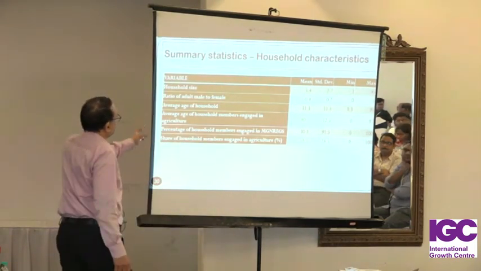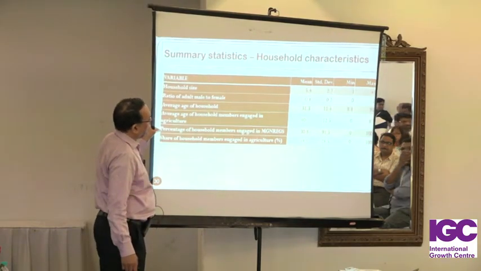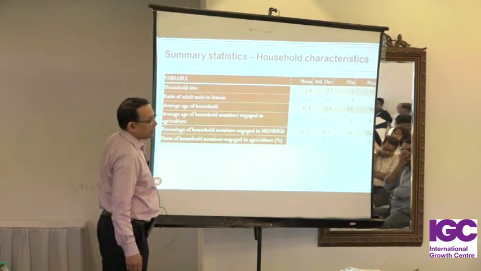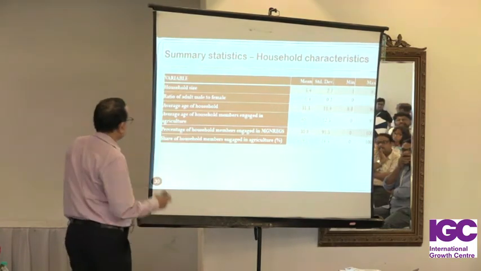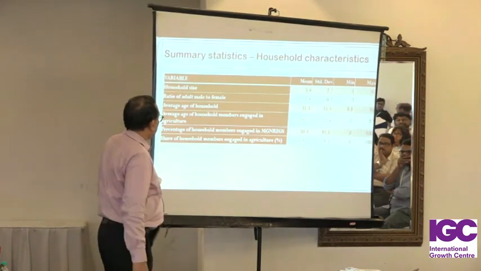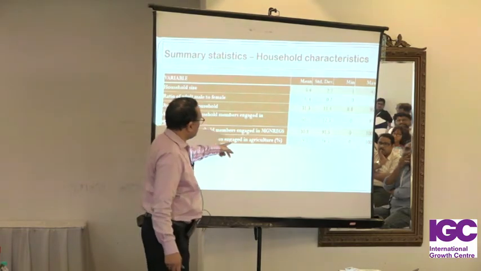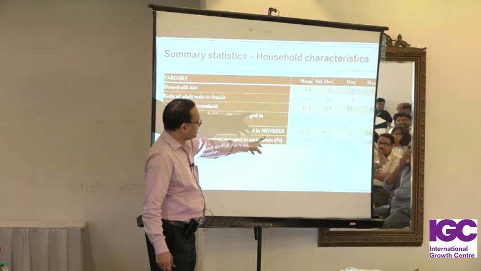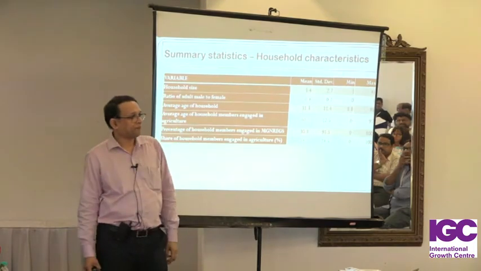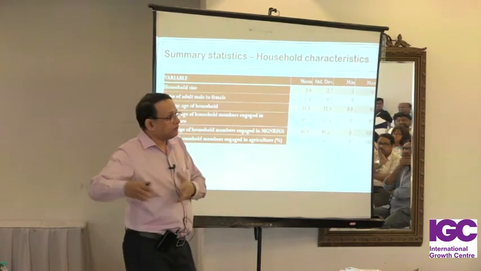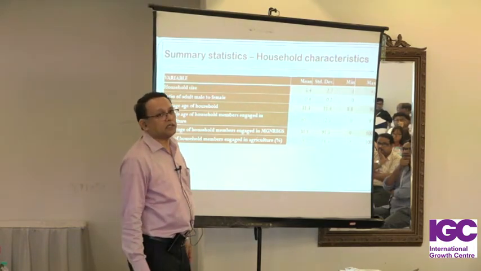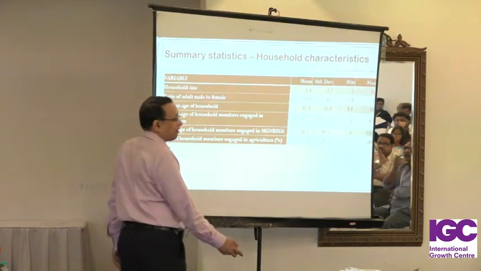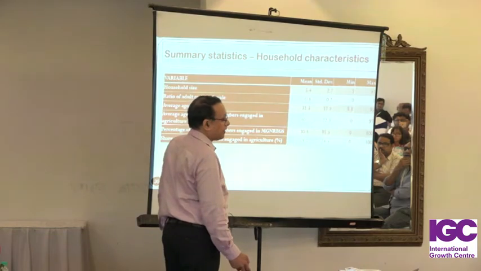The percentage of household members engaged in MGNREGS is 30.8. And the share of household members engaged in agriculture is about 59%. So 41% of household members are not engaged in agriculture at all. We'll come to that.